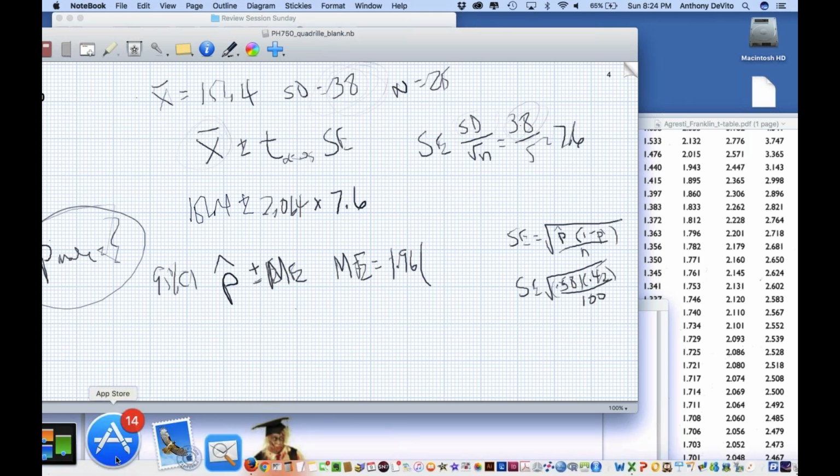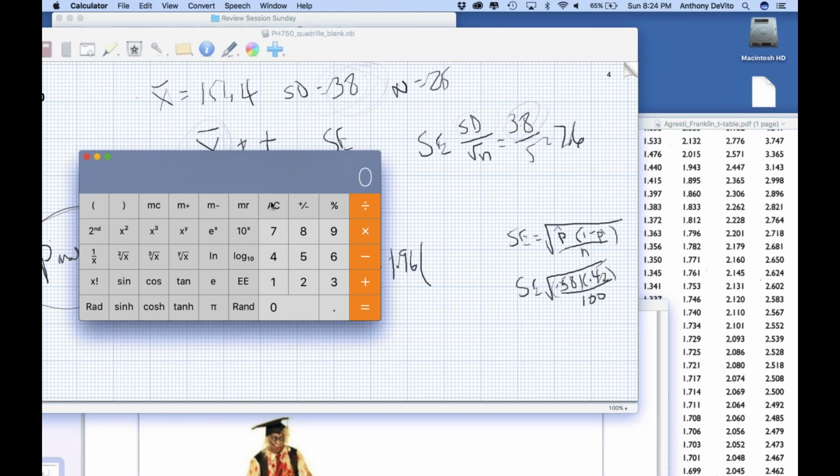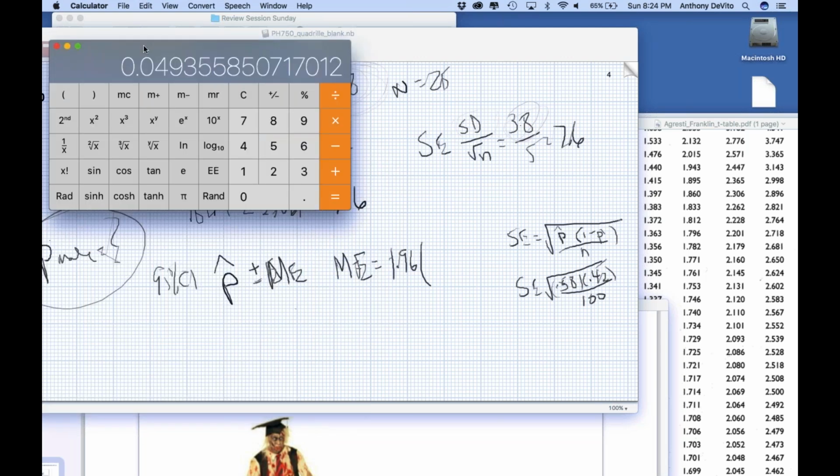Let's give that a try. 0.58 times 0.42 is equal to this, divided by 100 is equal to 0.002. Now I'm going to take the square root of that. With fractions, of course, when you take the square root, it becomes a bigger number. It's going to be 0.049. I'm going to call that 5% for my purposes.